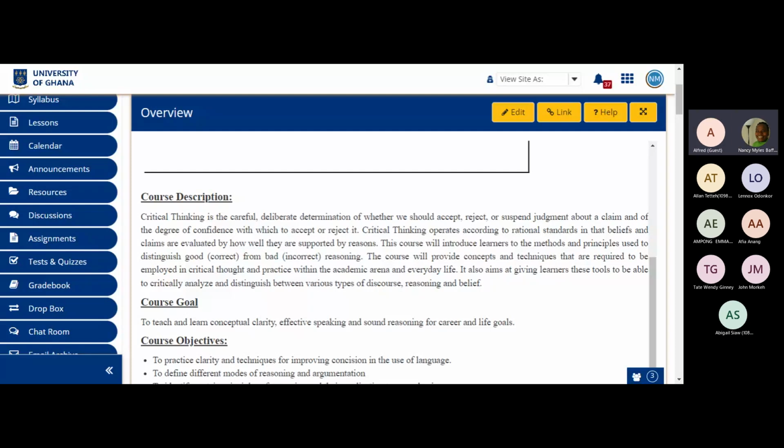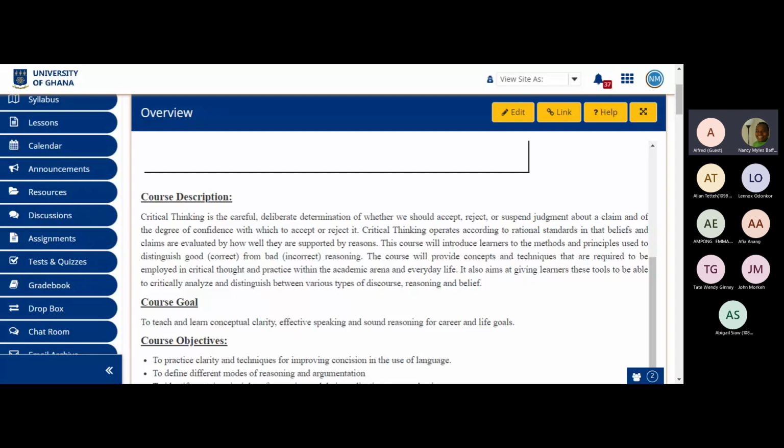This course will introduce learners to the methods and principles used to distinguish good, correct from bad, incorrect reasoning. The course will provide concepts and techniques that are required to be employed in critical thought and practice within the academic arena and everyday life.